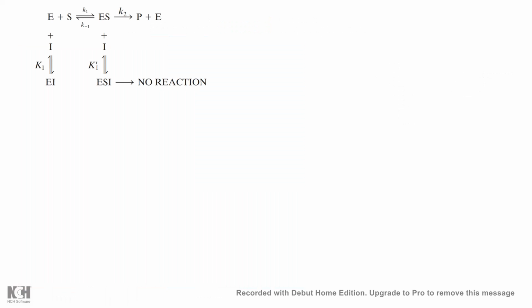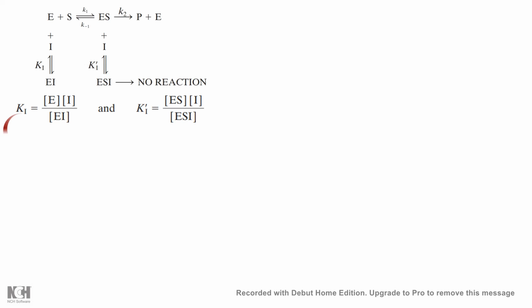Let's try to understand mixed inhibition and derive the Michaelis-Menten equation under these circumstances. So here is the scheme. Now Ki and Ki dash are the rate constants for these two possibilities of inhibitor binding. First we write the expressions for Ki and Ki dash. With the laws of equilibrium we can derive these expressions.